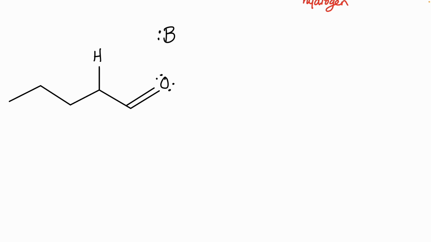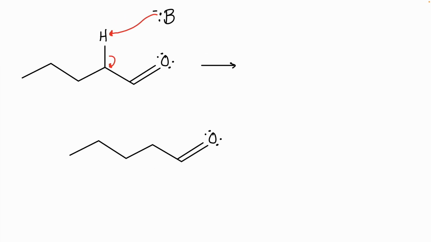We'll talk a lot about bases, specifically what base we need to use, what strength of base, etc. For right now, I'm just going to leave it as generic B. And we're going to show that alpha carbon being acidic, right? Donating that proton. All right, and so what we're left with here is now a carbanion, a negative charge on that carbon.